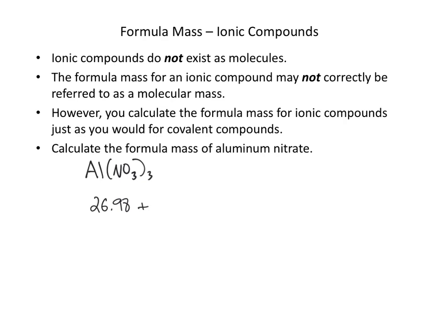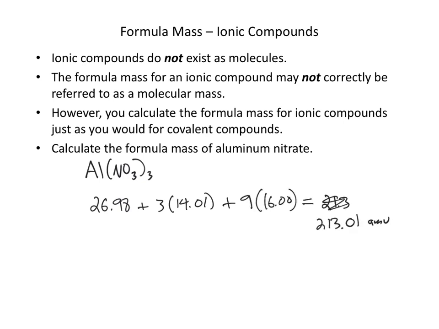I have 3 times 1 nitrogens, so I have 3 nitrogens. And then I have 3 times 3, 9 oxygens, so I'll do 9 times 16.00. And when I add all those up, I get 213.01 AMUs.